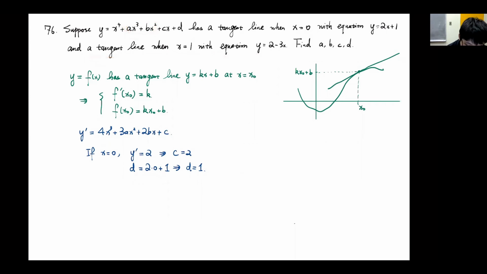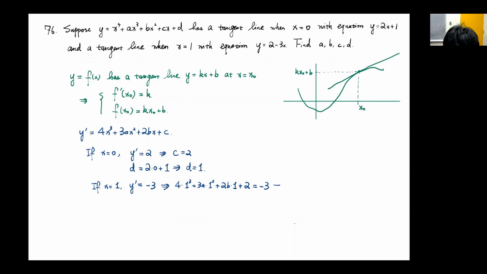Now let's see what happens if x equals 1. Then y prime is going to be equal to minus 3, because minus 3 is the slope of this line over here. So what does that mean? It means that 4 times 1 cubed plus 3a times 1 squared plus 2b times 1 plus c, and my c has been found to be 2, is supposed to equal minus 3.